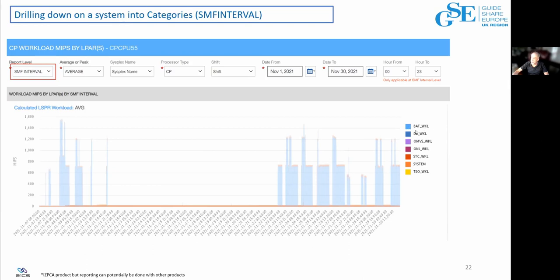Within these categories, batch is certain application batch jobs. Within DB2, the database type work, it's certain DDF work and also DB2 applications that are running. Within online, it's either CICS or it could be IDMS or any other work running in that environment.